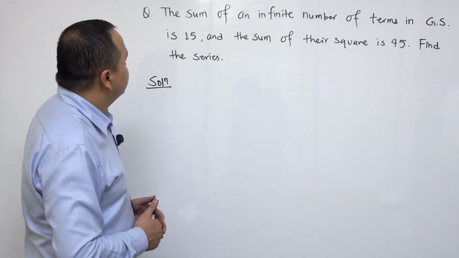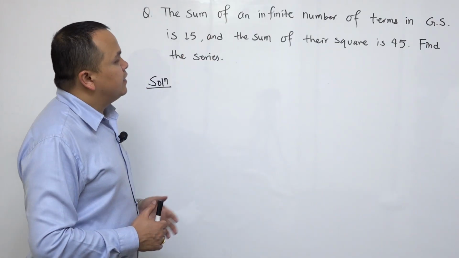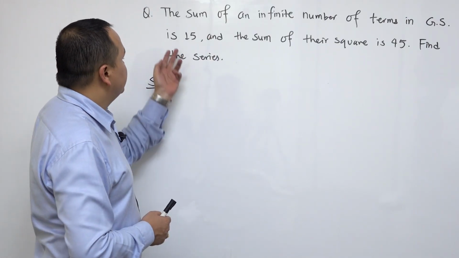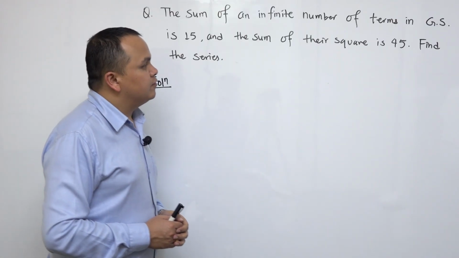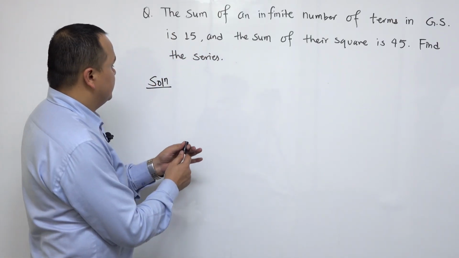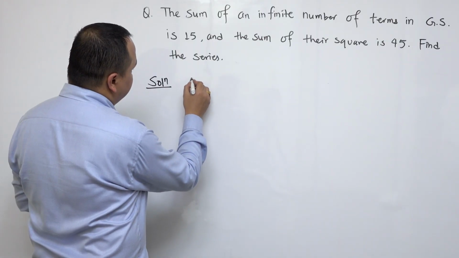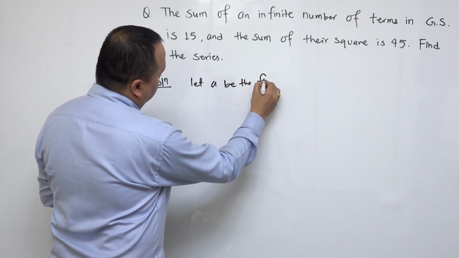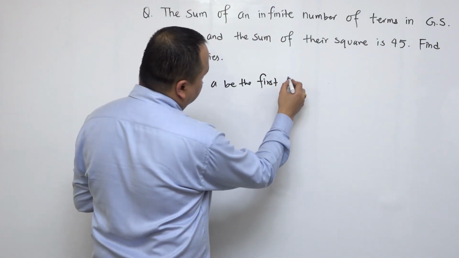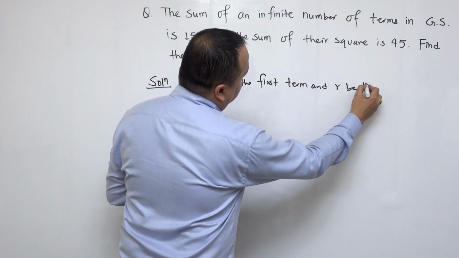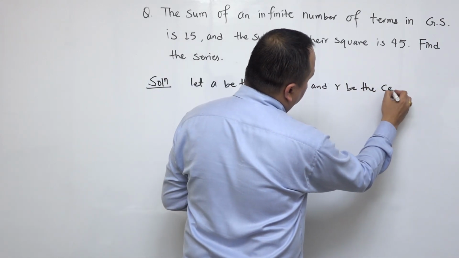Okay, we take another example. The sum of an infinite number of terms in a GS, that is a geometric series, is 15 and the sum of their squares is 45. Find the series. Solution: let A be the first term and R be the common ratio.